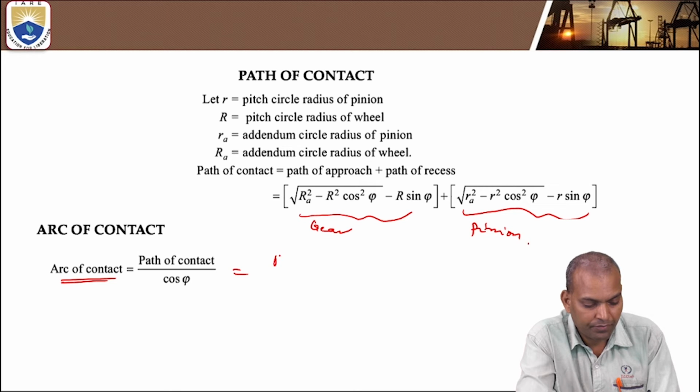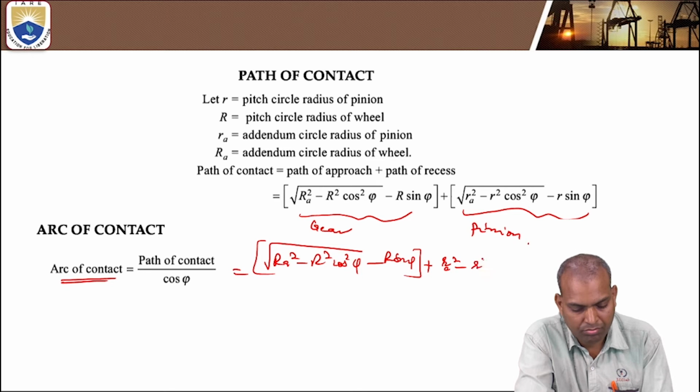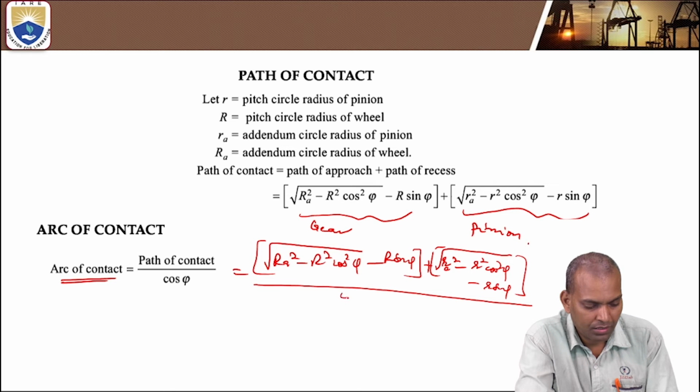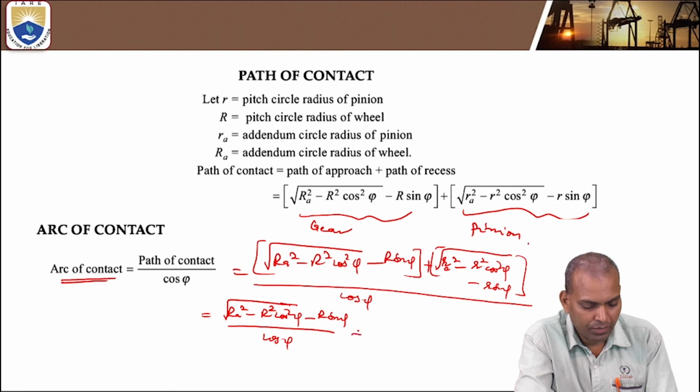We can also write it here: RA square minus R square cos square phi minus R sin phi by cos phi, plus small ra square minus small r square cos square phi minus small r sin phi by cos phi.